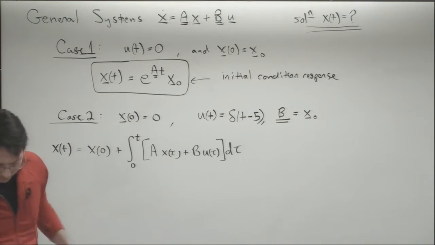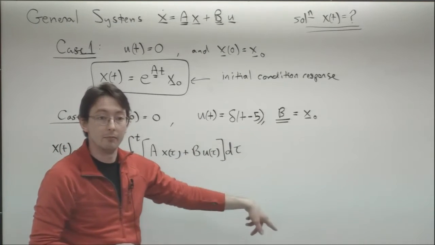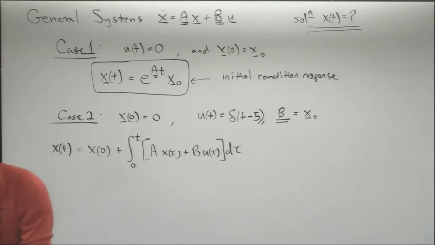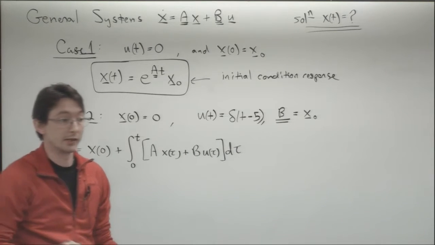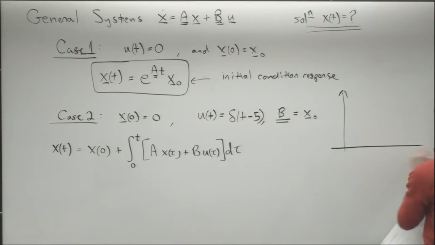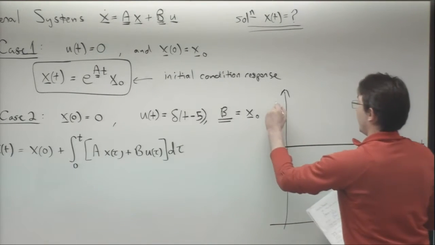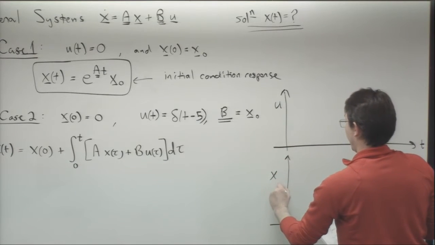Okay, not too bad. So what we're going to do is plot x and u in time, and we're going to see what this impulsive input to u does to our solution x. So this one is going to be u and x.